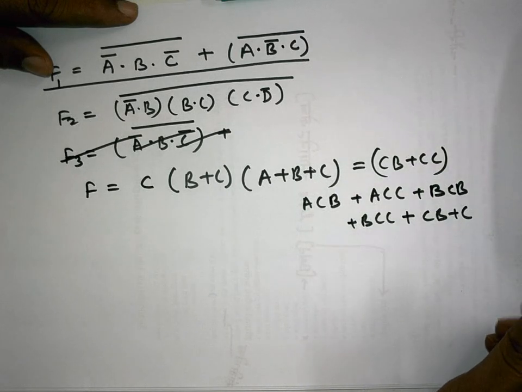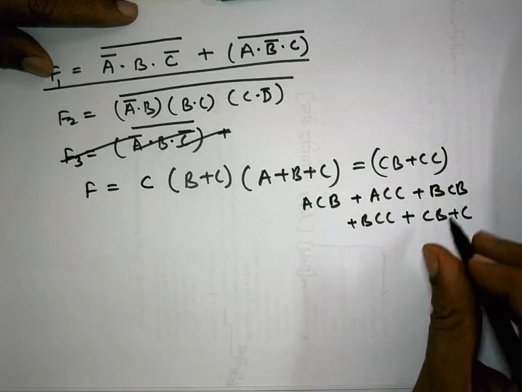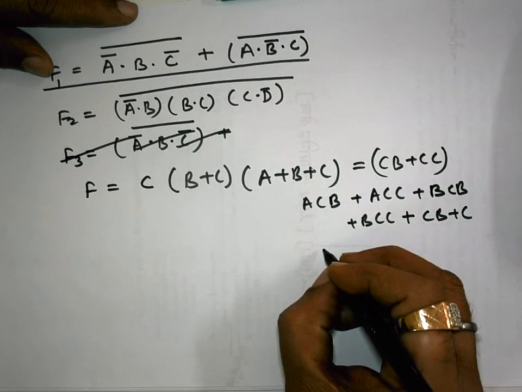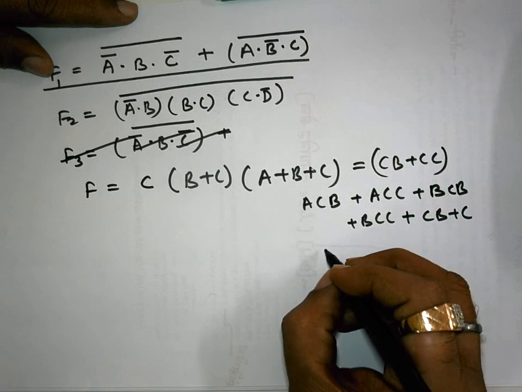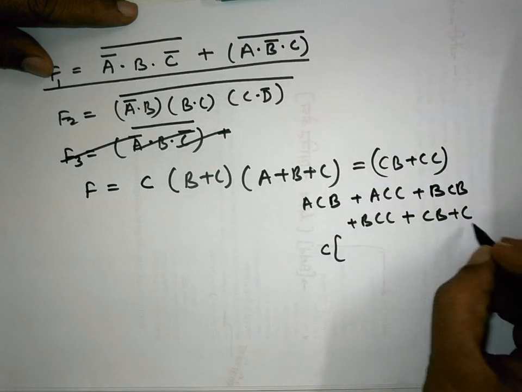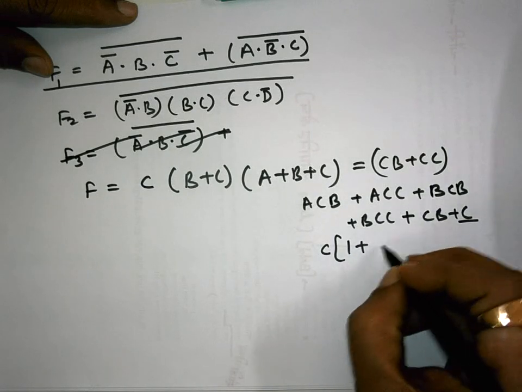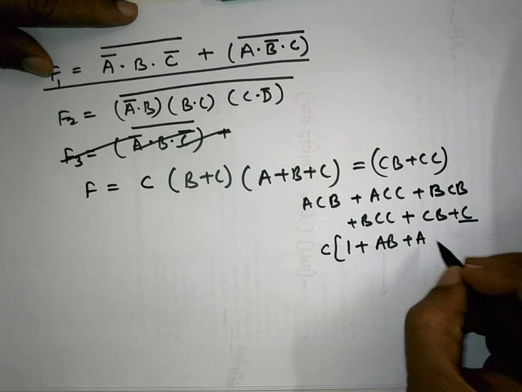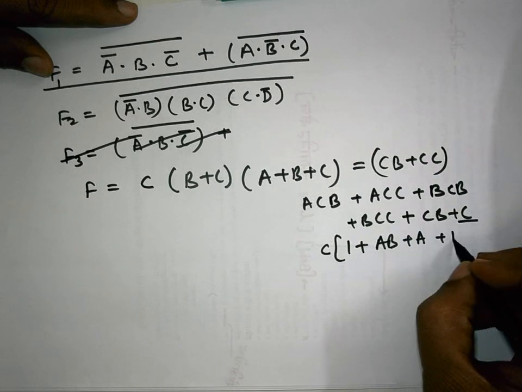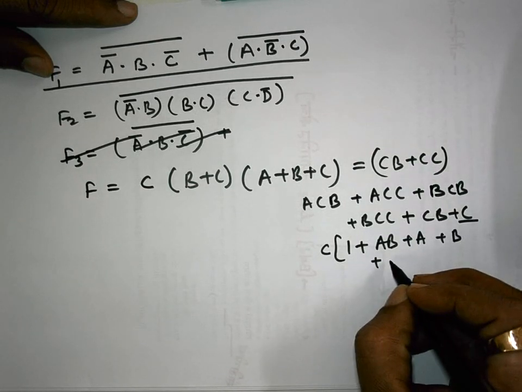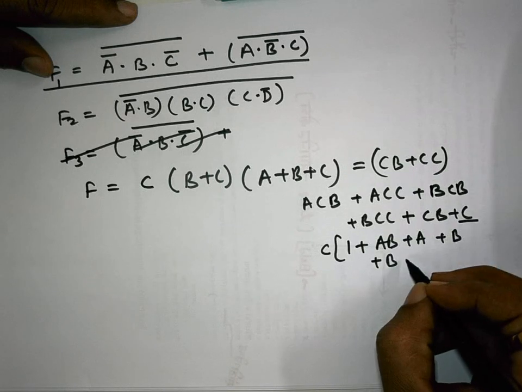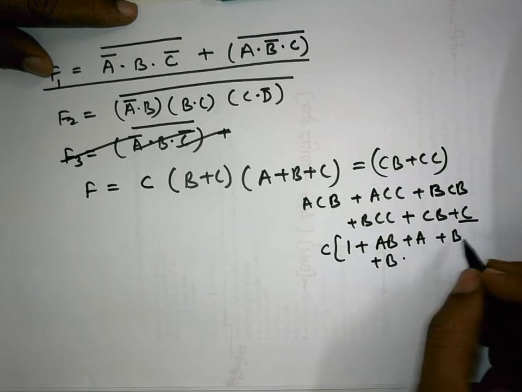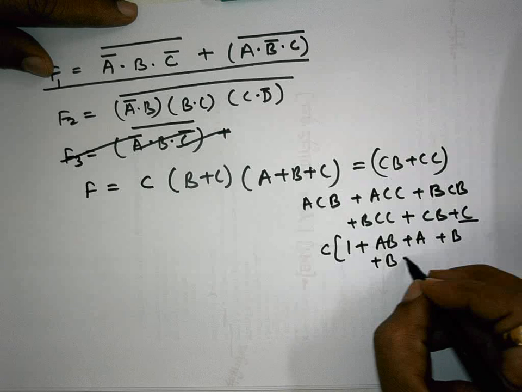So you can see that C is everywhere, C is everywhere. So take this C common, a 1 will come over here and the rest of the terms AB, okay, then A, okay, then B, and then B, and then B, all the B are 1B, okay.